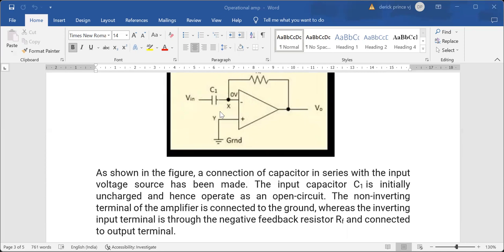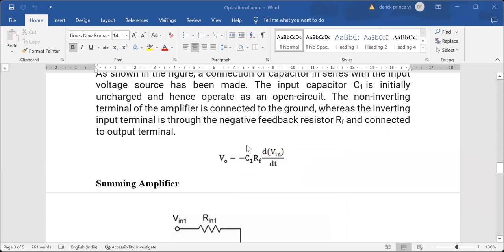The input capacitor is initially uncharged, so it operates as an open circuit. The non-inverting terminal of the op-amp is grounded, whereas the inverting input terminal has negative feedback, with the feedback resistor RF connected to the output terminal.